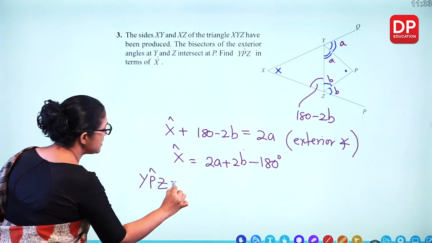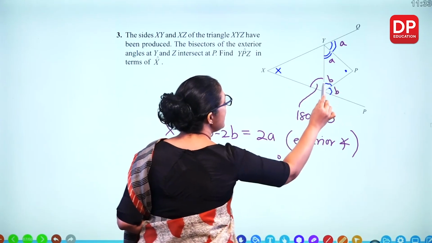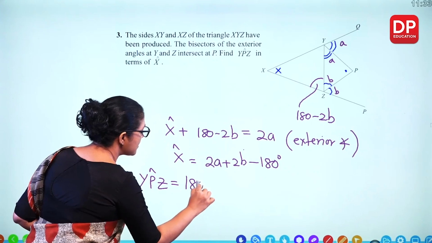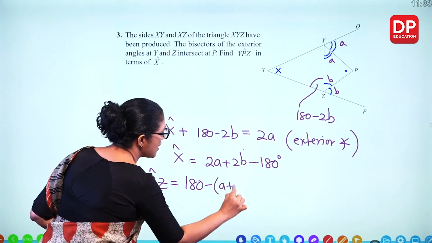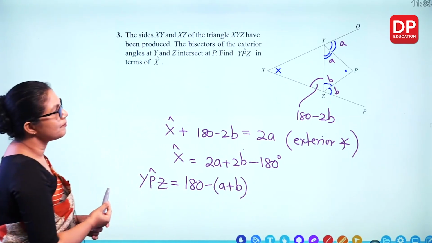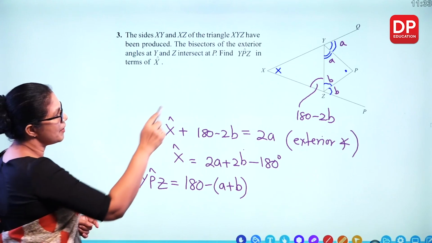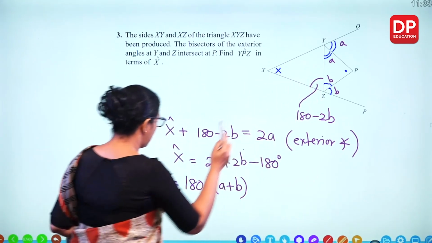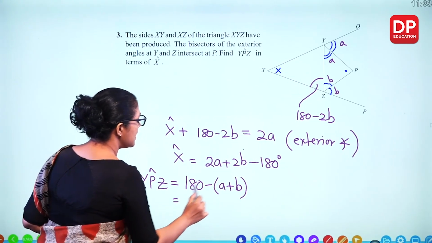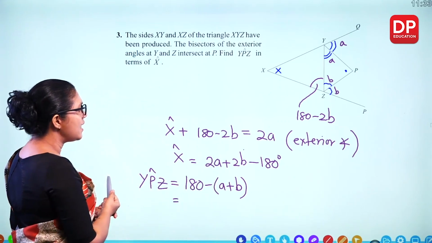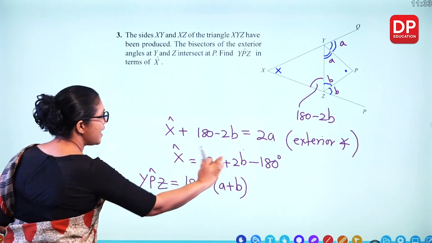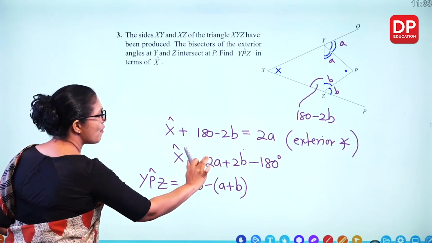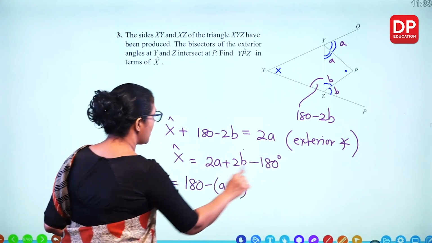YPZ angle is 180 minus the sum of the other two angles, A plus B, because this is a triangle. So what is A plus B using the other equation? I can create A plus B from this equation.